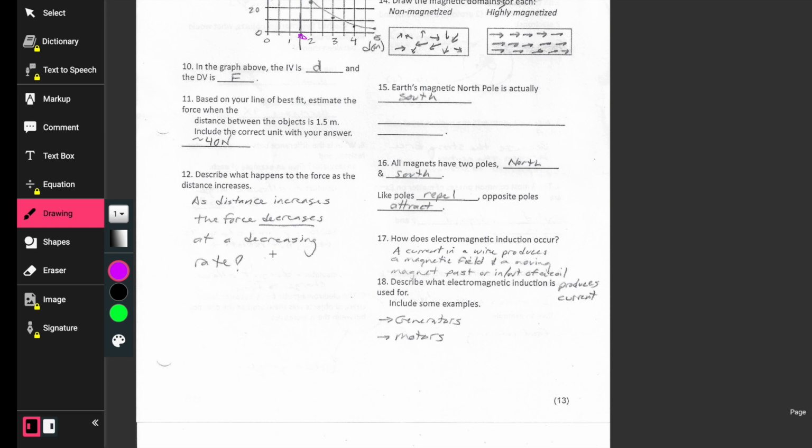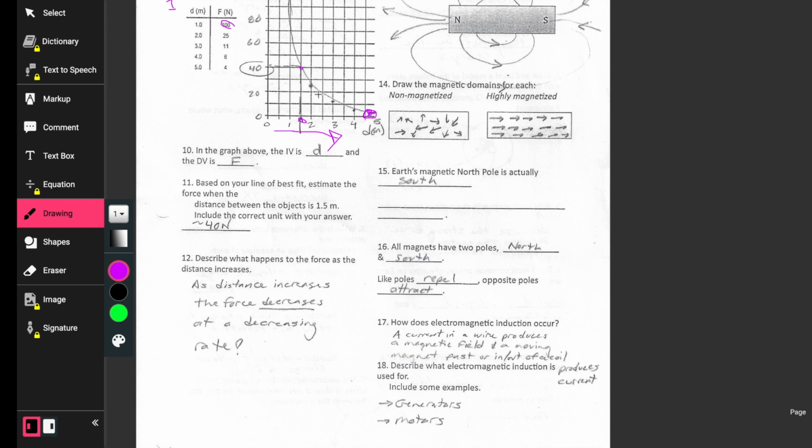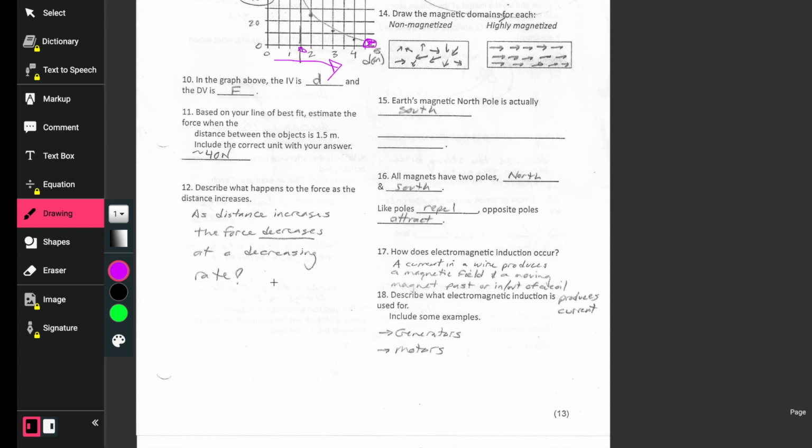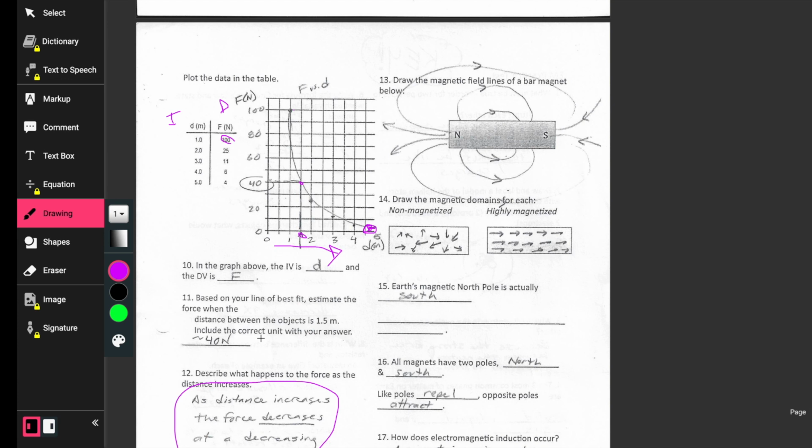Describe what happens to the force as the distance increases. The distance gets bigger. Notice what happens to the force. It gets smaller, and it's at a decreasing rate. If you had your pink sheet, you could use that. You could also talk about the square issue that we talked about above.